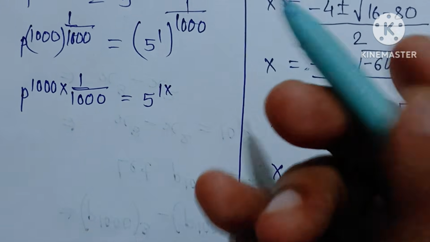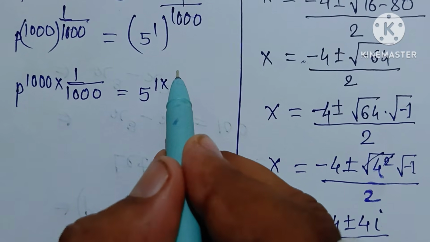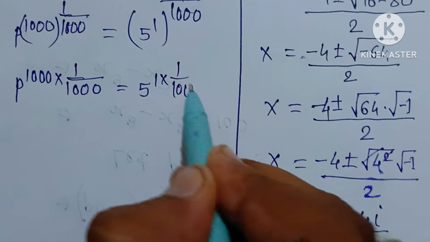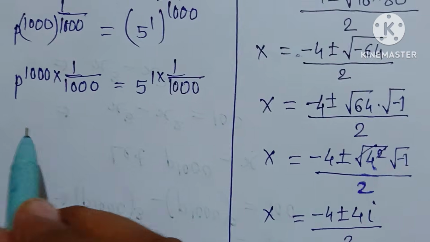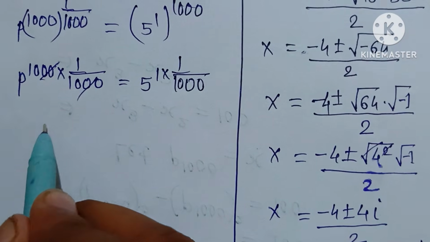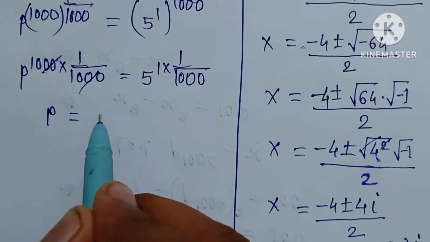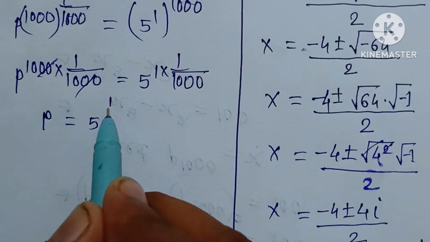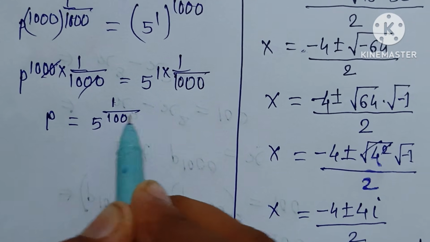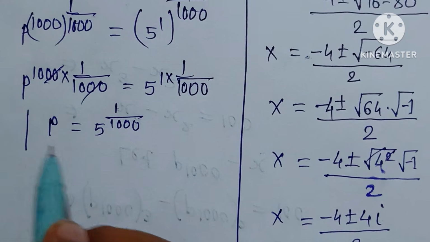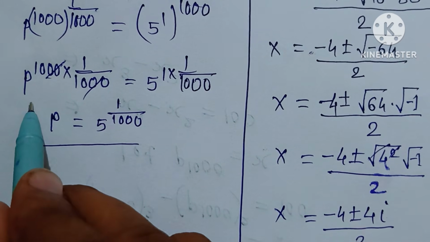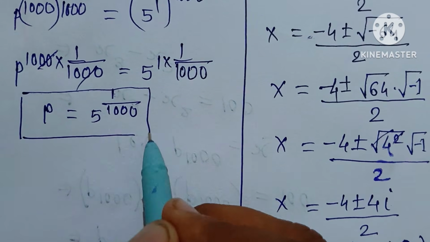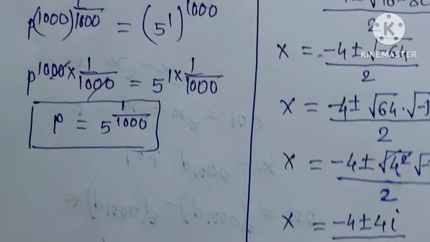Here 1 upon 1000, 1 upon 1000. So we can write here 1000 cancels. So p is equal to 5 raised to power 1 upon 1000. This is the value of p.